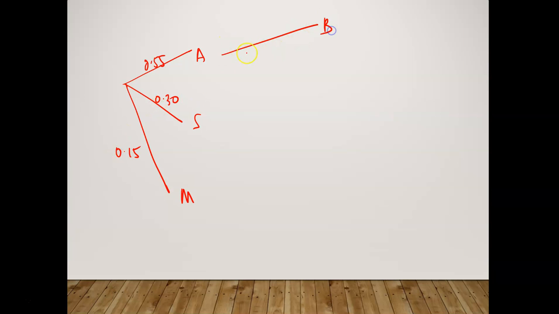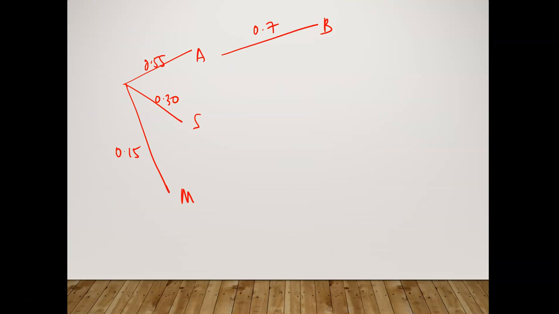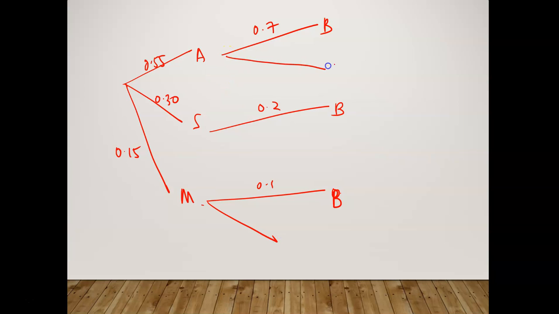Aisha breaks some biscuit is 0.7. And the respective probability for Siti and Muna are 0.2 and 0.1. So they did not break the biscuit, with B prime, so it's 0.3. This one 0.8. This one will be 0.9. Okay, you can see, yeah.